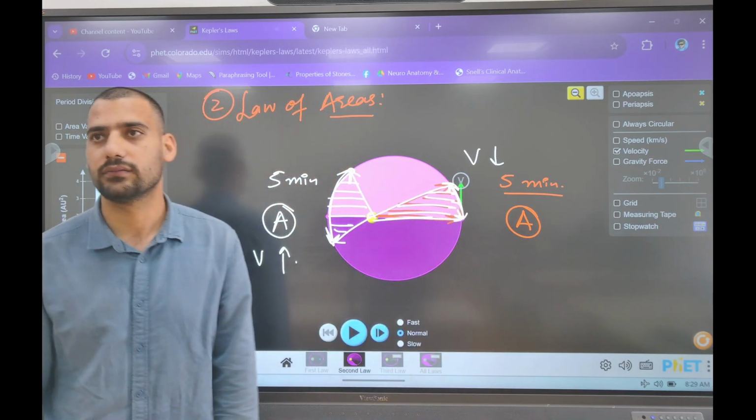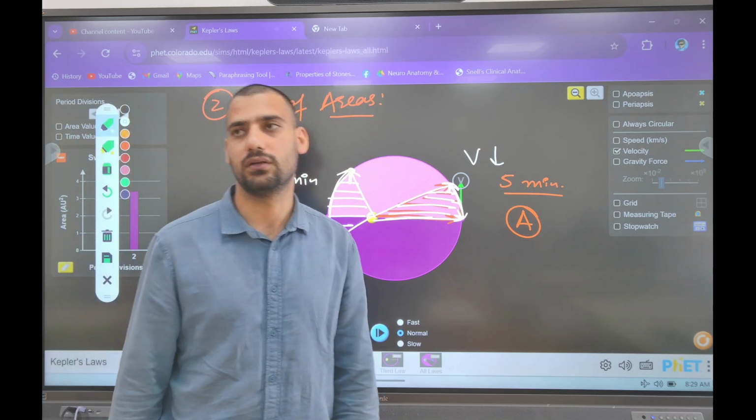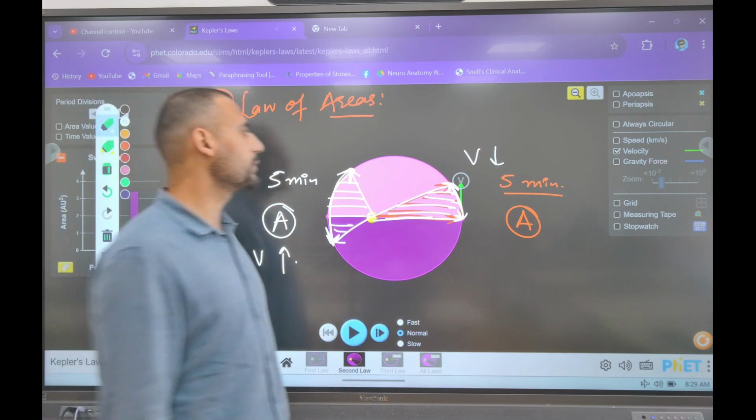Is it clear? So this is the law of areas. Write it down. This is the definition of the second law. The statement rather.